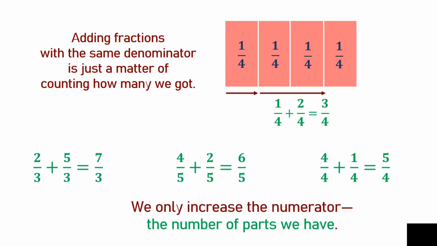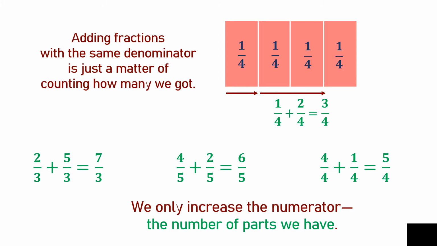Adding fractions with the same denominator is just a matter of counting up how many we have. How many what? How many equal parts. Here we see an area model of fourths.